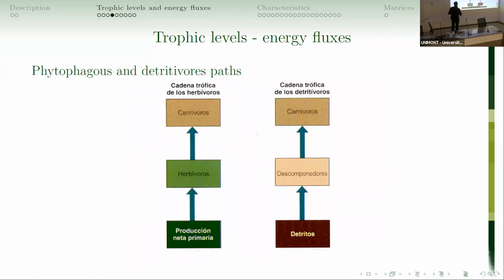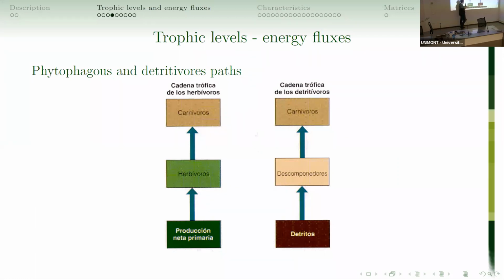So how does the energy go? There's 2 main paths in the communities that the energy follows. One is what we call the phytophagous path, which is the one starting from the living primary producers, let's say.